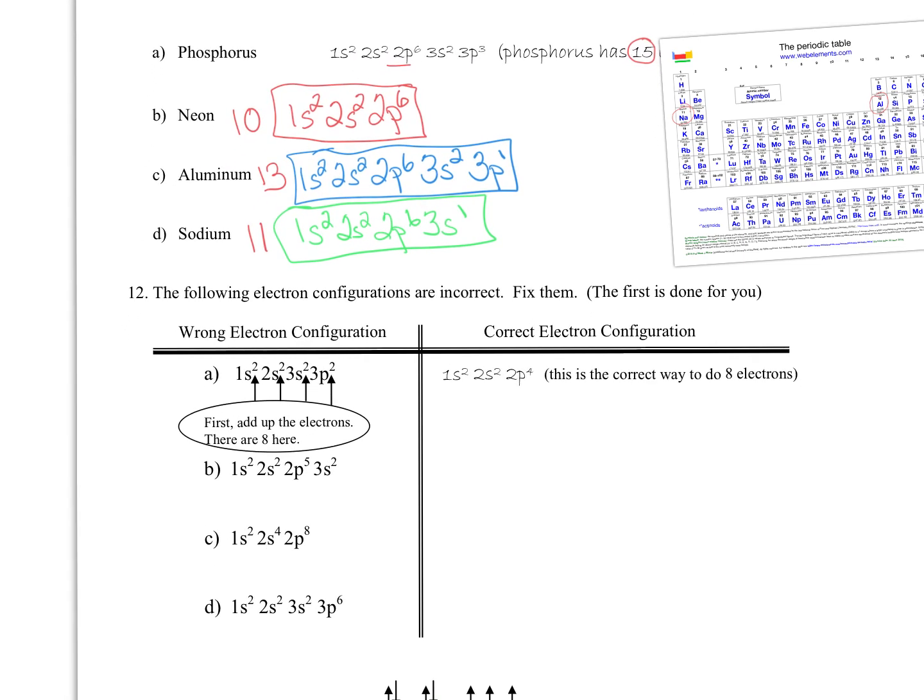All right, number 12. The following electron configurations are incorrect. Fix them. So A, we've got 1s2, 2s2, 3. Oh, I see the mistake.